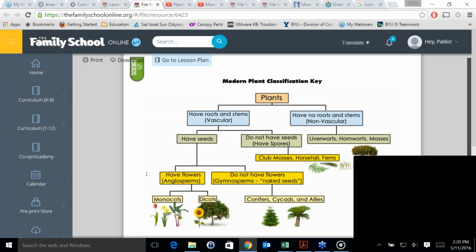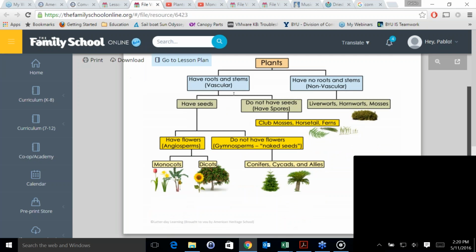All right. Now, something important to understand is that this classification between monocots and dicots only applies to angiosperms, the flowering plants. If we look here at the plant classification, we have studied the non-vascular plants, the mosses and so on. Then from the vascular plants, the ones that don't have seeds, that have spores, the ferns mostly.